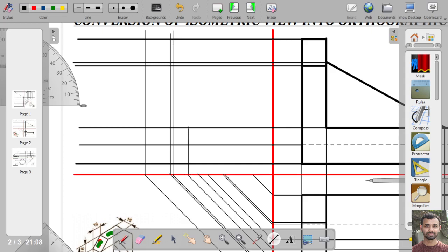So all the vertical lines we will draw in this way.